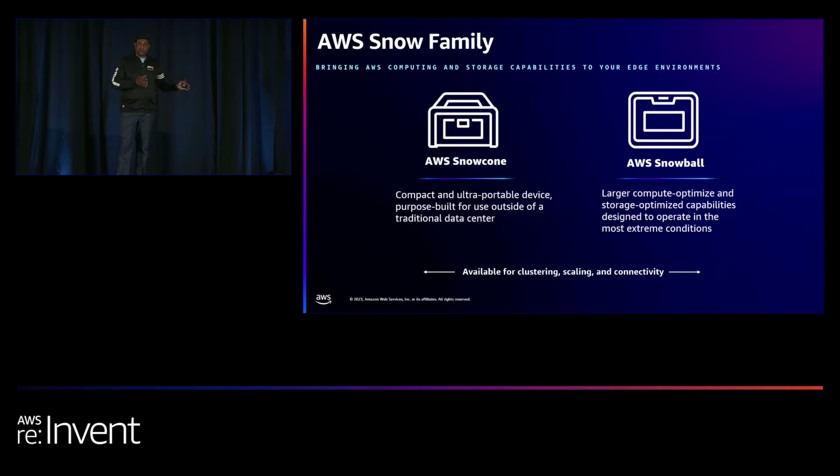Of course, most of our customers use Snow with intermittent connection to AWS, where they can use it to update the software, update their applications, transfer data, but you don't need to. You could run your operations permanently disconnected from the AWS region. So let's dive deeper into AWS Snowball Edge and AWS Snowcone.